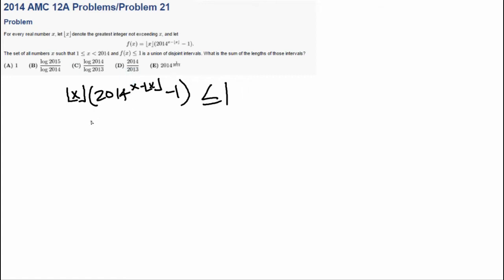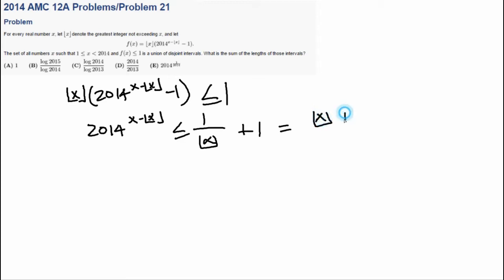So 2014 to the power of x minus floor of x is less than or equal to floor of x plus 1 over x, because you divide both sides by the floor of x plus 1 as we move this over, which is actually also equal to floor of x plus 1 over floor of x. So we have that.